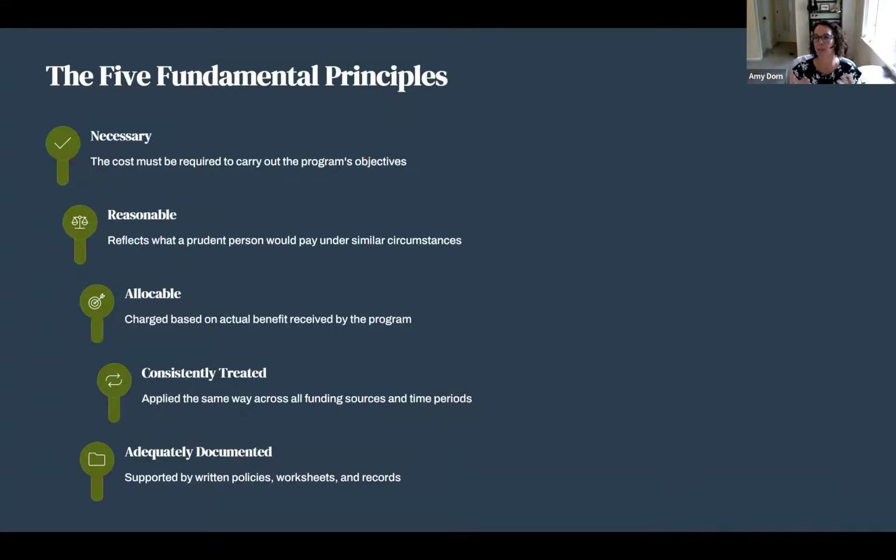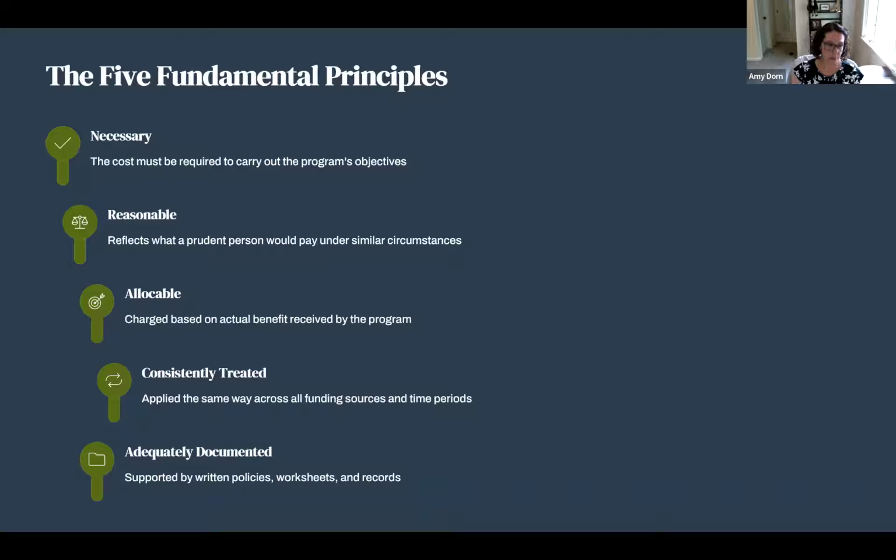And that actual benefit can be determined by your cost allocation methodology. Consistently treated, applied the same way across all your funding sources and over time. This is not to say that the cost allocation methodology can't be changed, but that needs to be documented, and the time period under one grant really needs to all be handled consistently on how the allocation methodology is done.